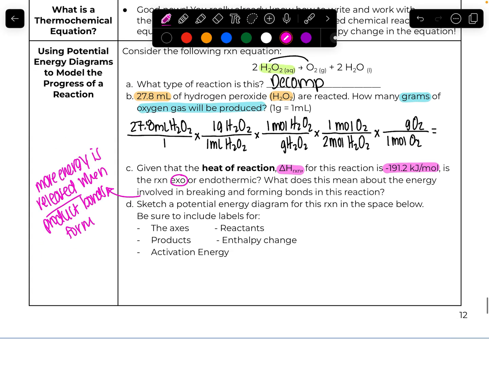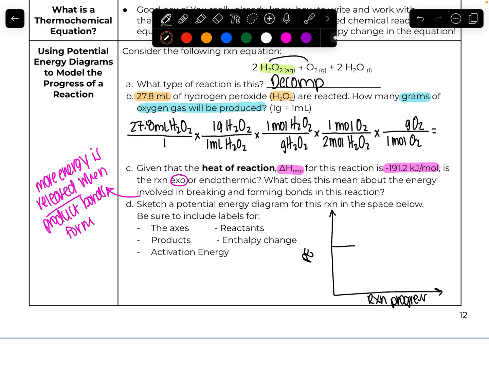So if we think about a potential energy diagram for this, we learned how to draw potential energy diagrams in our last lesson. So if we think about our axis, our X is going to be reaction progress, what happens to the reaction over time, and then potential energy gets tracked on the Y. So stop and think, which graph does this look most like based off of the ones that you just did? Well, more energy is being released here, which means we're resulting in a net decrease in the enthalpy of our products.